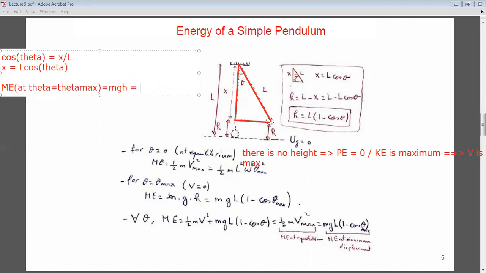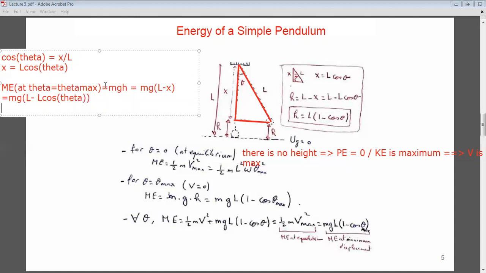And h is L minus x, so this is equal to mg into L minus x, which we derived to be L cosine of angle theta.